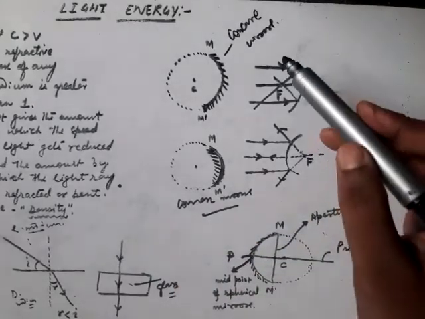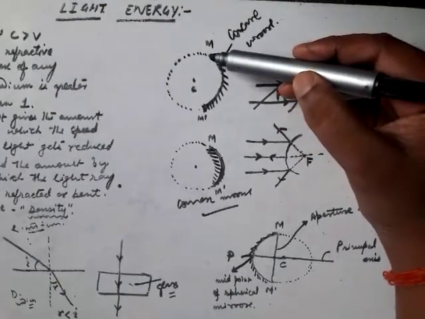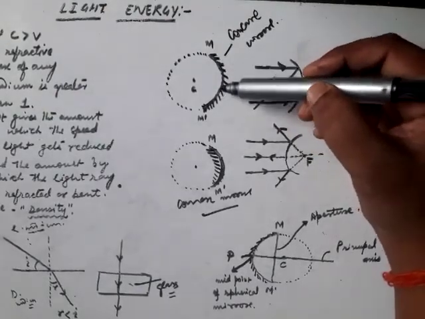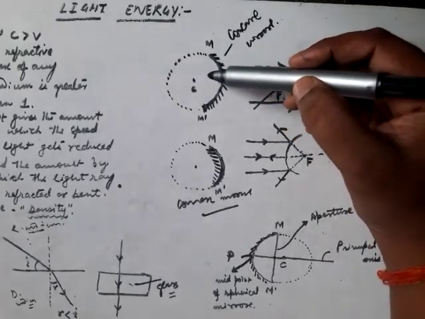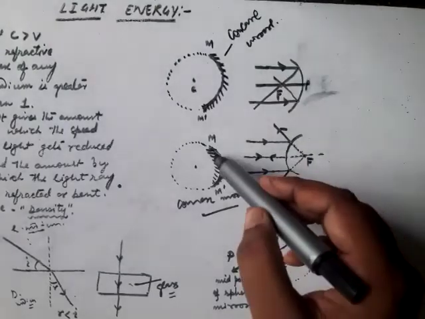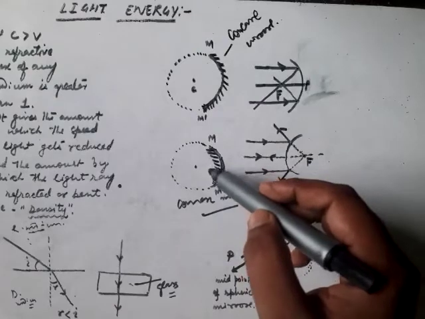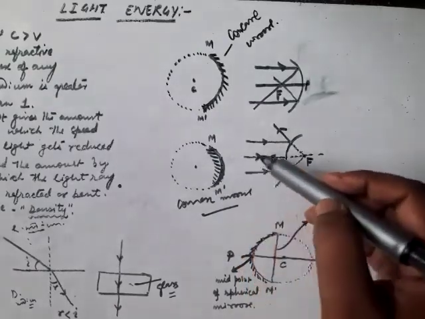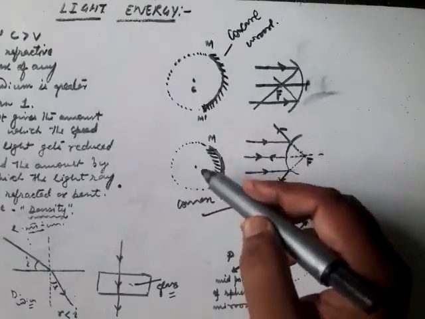So when the bulging part of a spherical mirror is painted and the internal side is the reflecting surface, this is a concave mirror. And when the internal side, the compressed side, is painted and the outside is the reflecting surface, this type of mirror is called a convex mirror. These are the criteria.